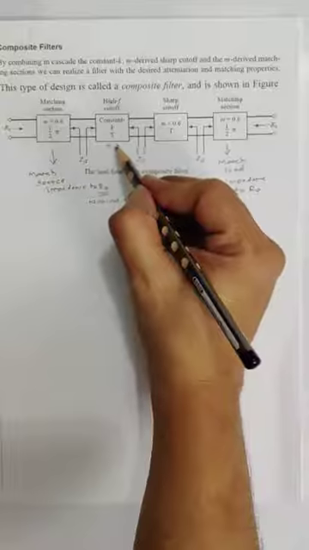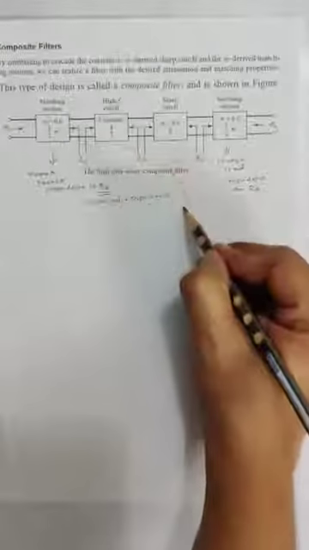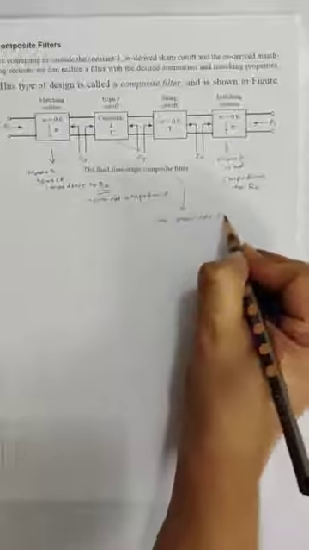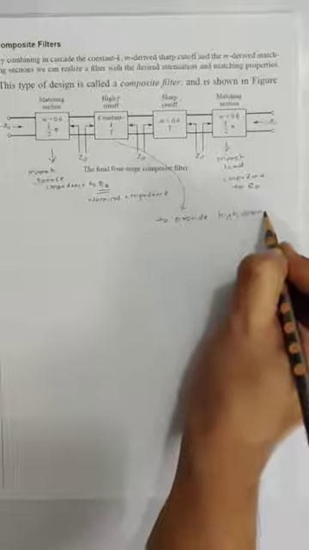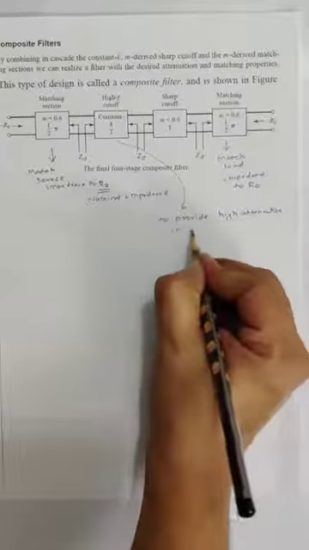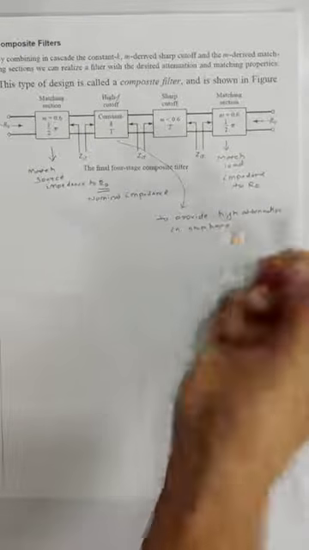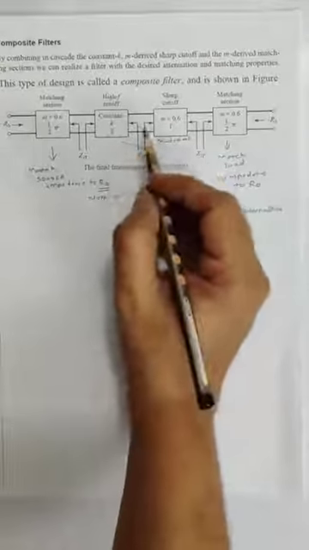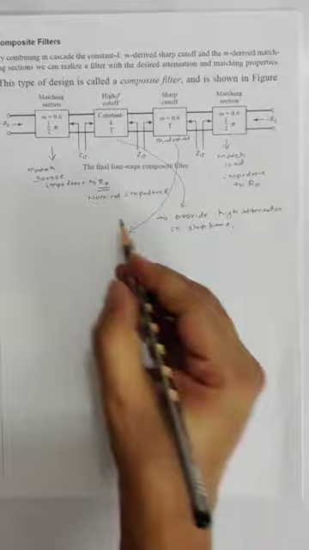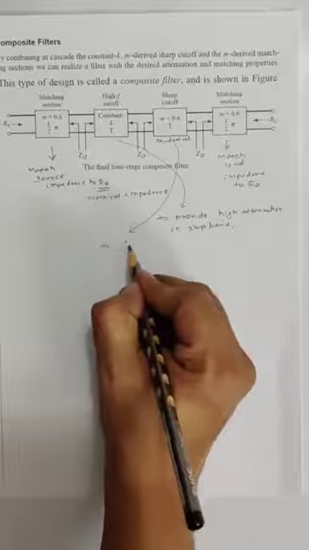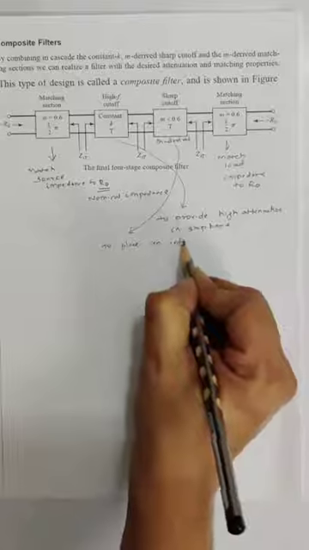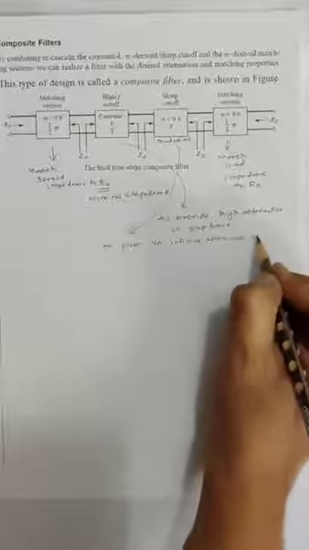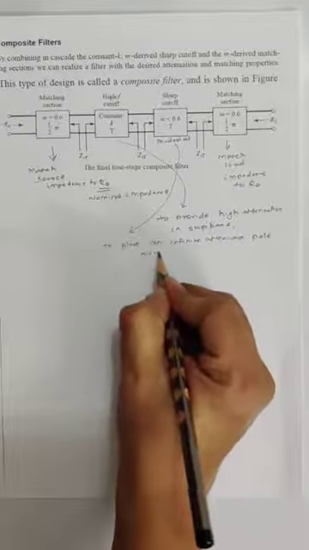Now, what is the aim of this constant K section filter? So we use this constant K section filter to provide high attenuation in stop band. And this M derived section is used to provide or to place an infinite attenuation pole near the cutoff frequency.